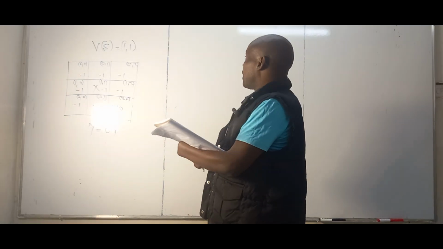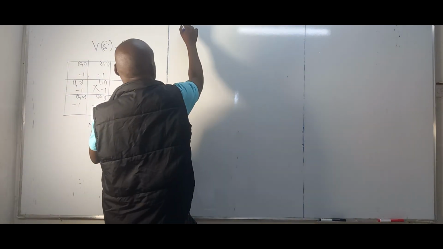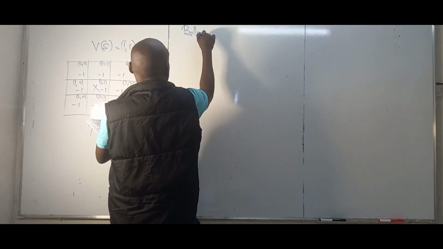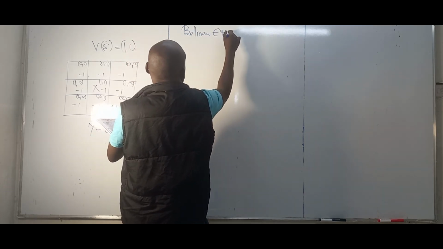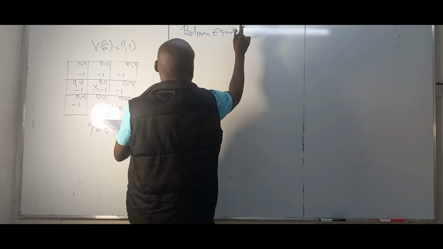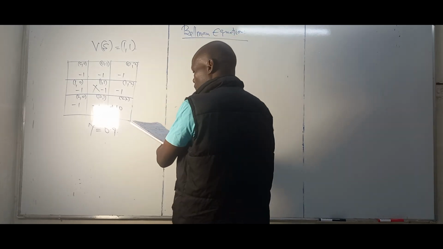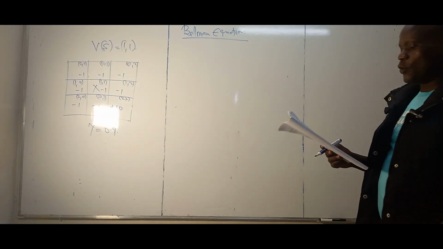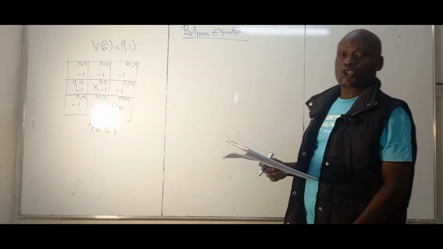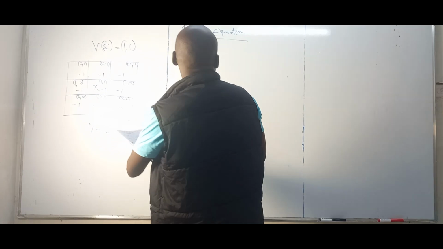So we use the Bellman equation, that is the Bellman equation for the value functions in a Markov decision process.